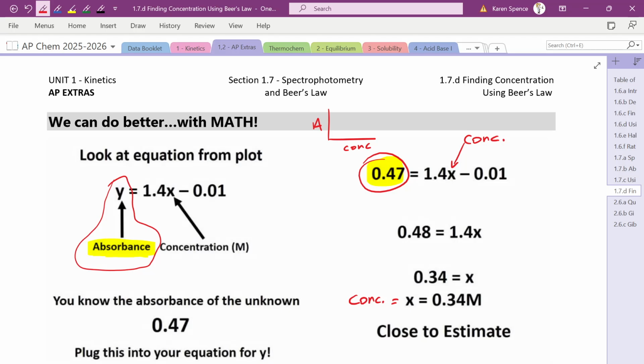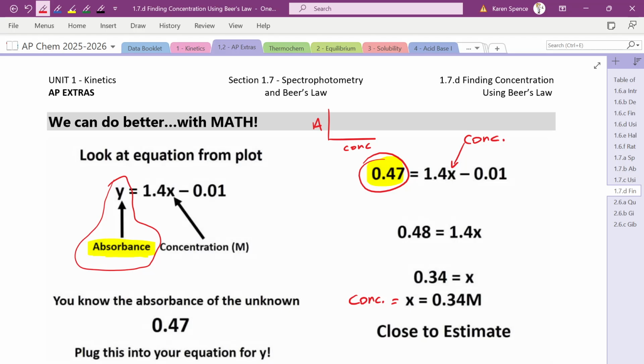What is the unit of absorbance? There is not one. So the units for absorbance is a percentage, or there's no unit for absorbance.